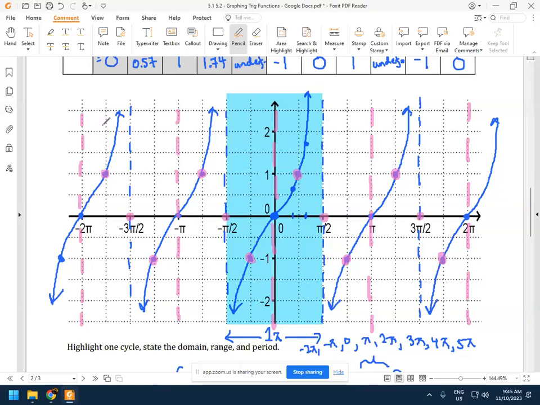If I connect the pink dots and follow the same pattern as I would for these, so 1 divided by this would be 0 point something. 1 divided by 0 point something would be something much larger. It'll be something here. And then this 1 divided by that number would be something here.